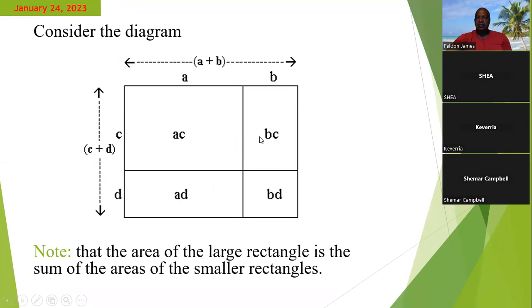If you multiply them length by width, you're finding the area of each of these. So if you add up each of these in terms of their area, you will get the area of the bigger rectangle. So that's all that is saying from a geometric point of view.